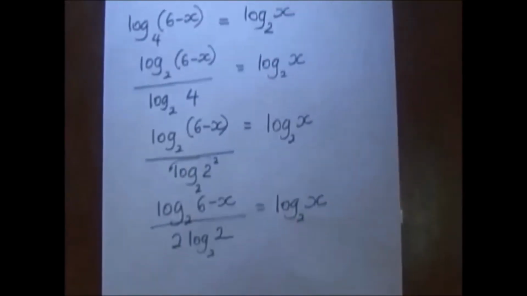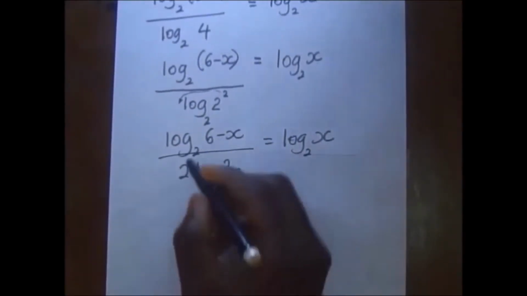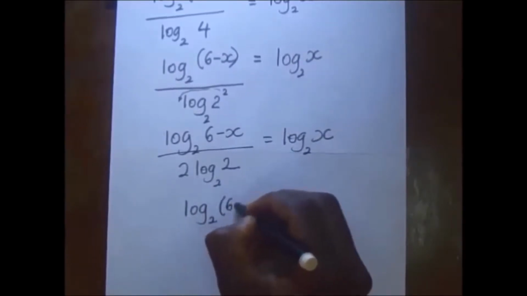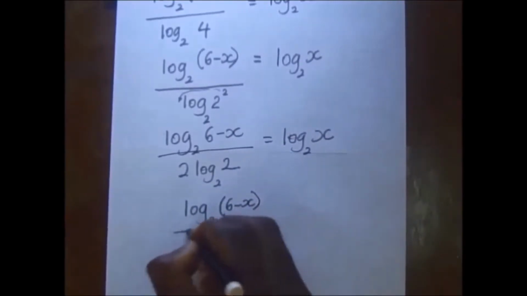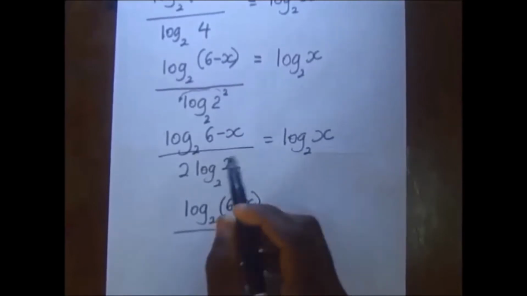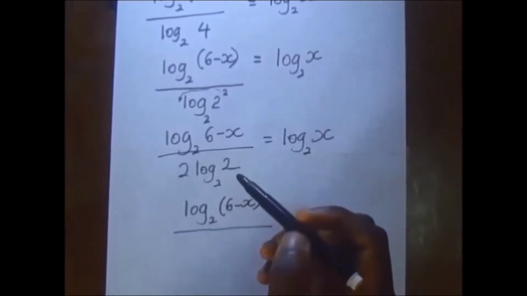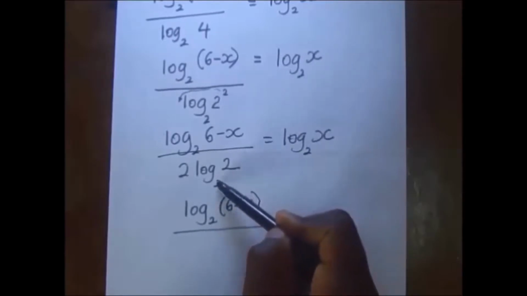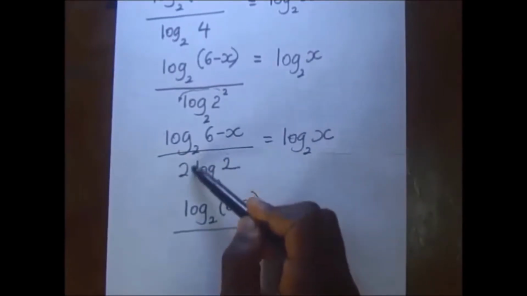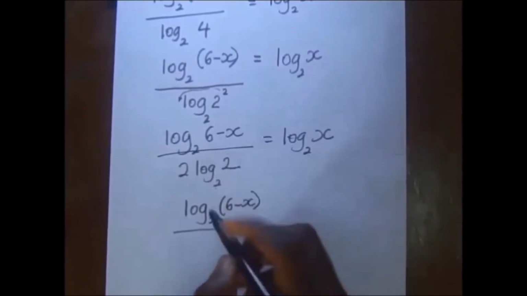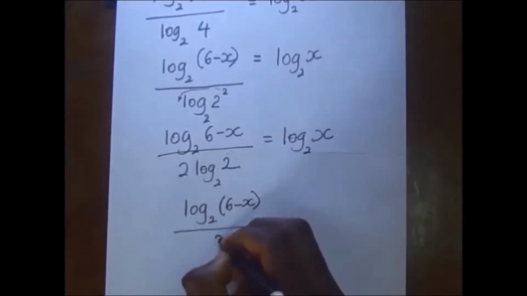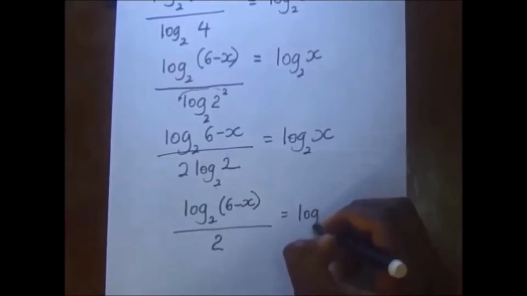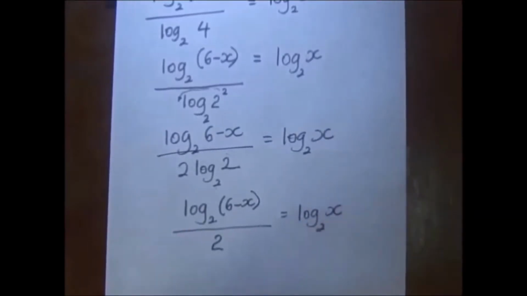So we continue with our calculation. That will become log base 2 of 6 minus x, divided by, now we said in our laws that when you have a logarithm whose base and number are the same, that is equal to 1. So it's going to be 2 times 1, and that's going to be 2, is equal to the logarithm base 2 of x.